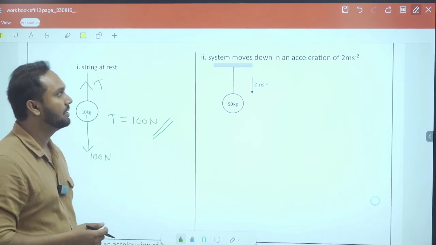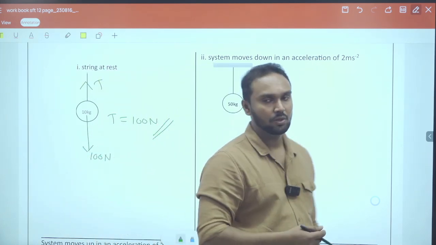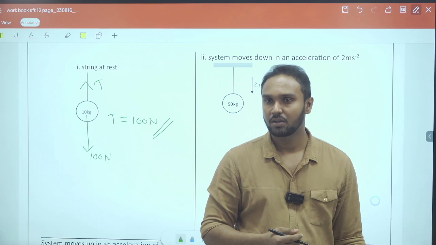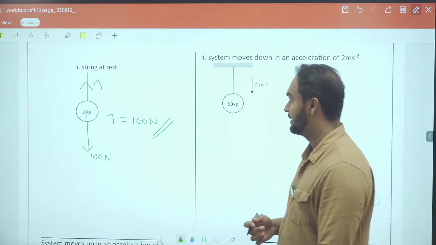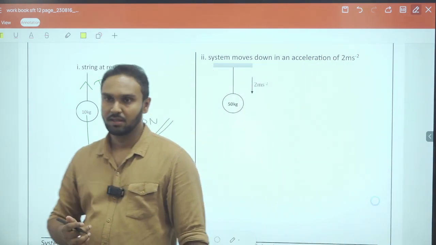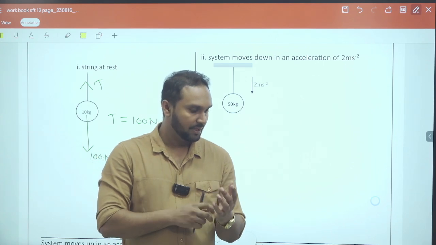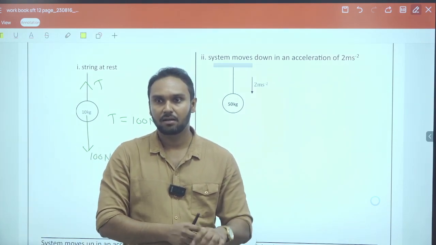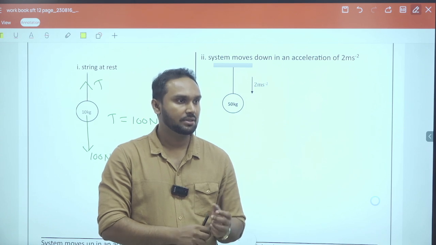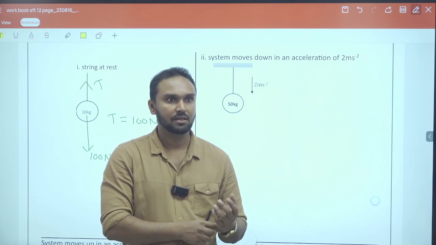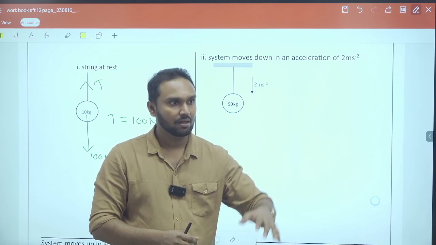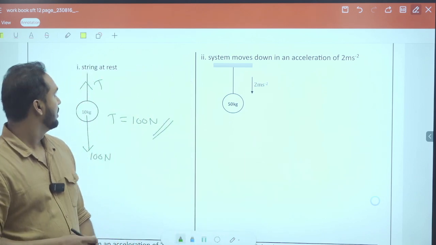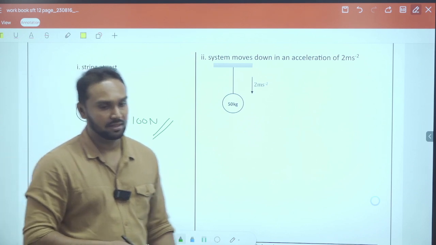Come to the second question. The system moves down with an acceleration of 2 m s^-2. Tell me what happens now. Think that you're attached to a string with your wrist and you're moving the object with a downward acceleration.